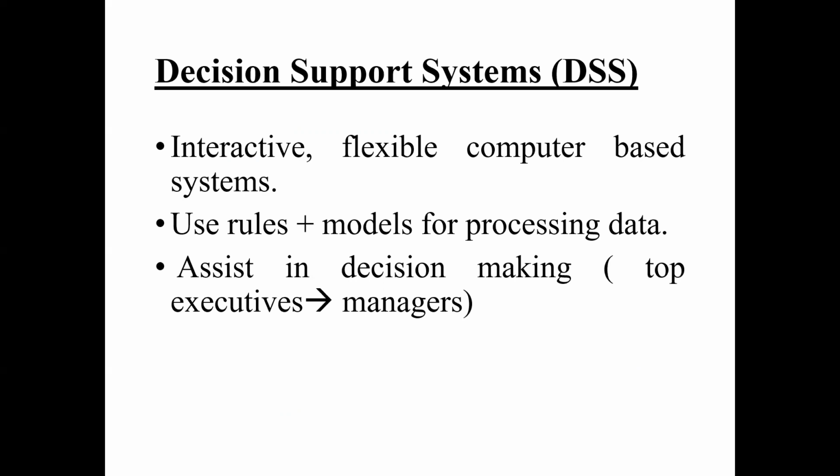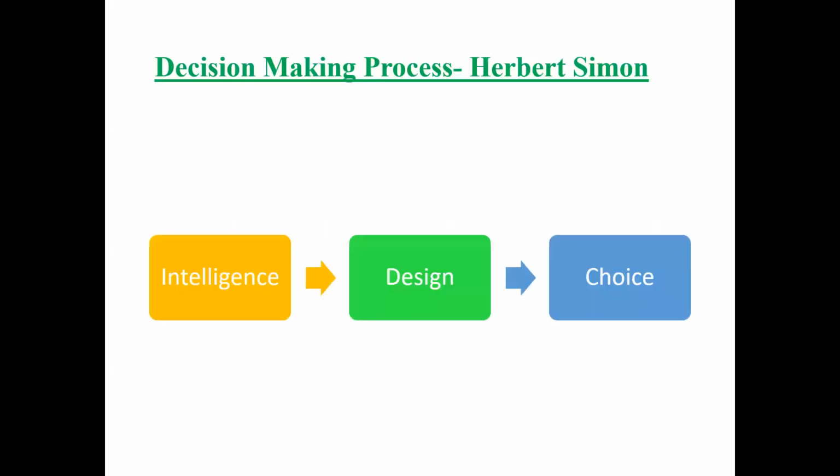The decision making, it can help to the top executives, to the managers. The main task here is using rules and models plus assisting in decision making to the top executives to manager level.